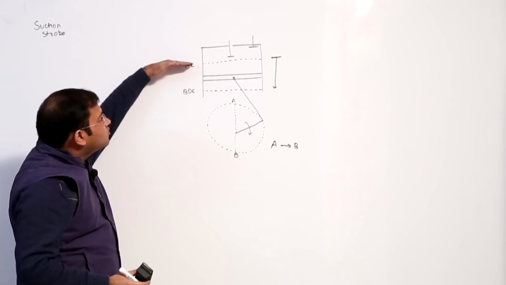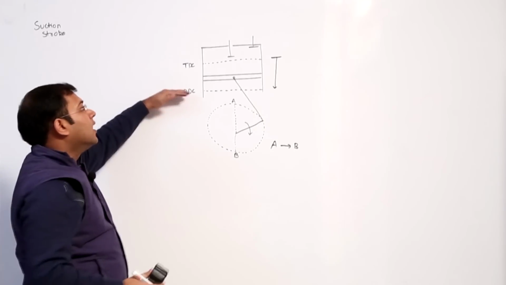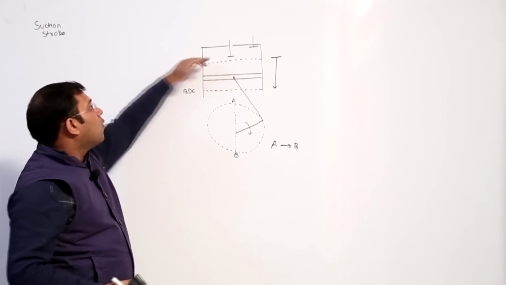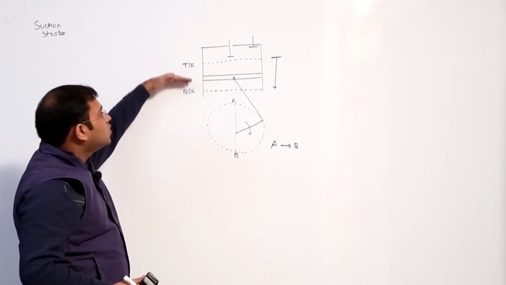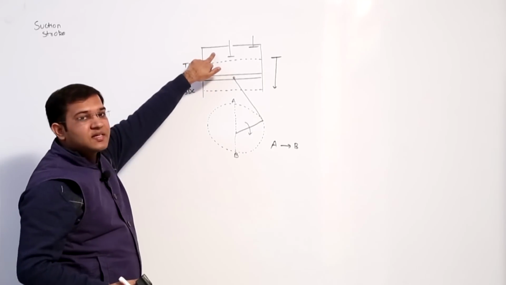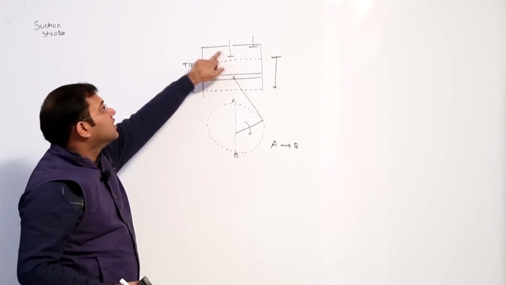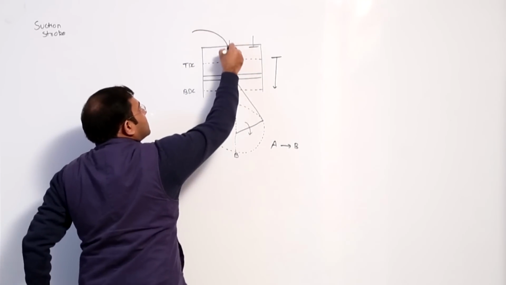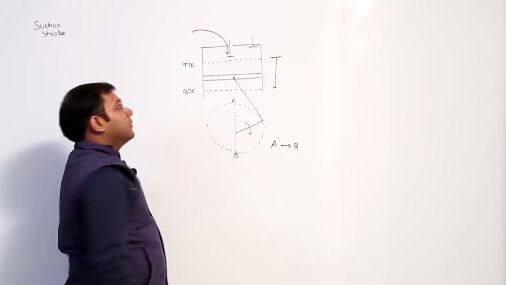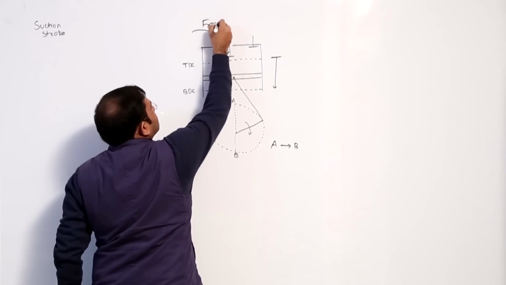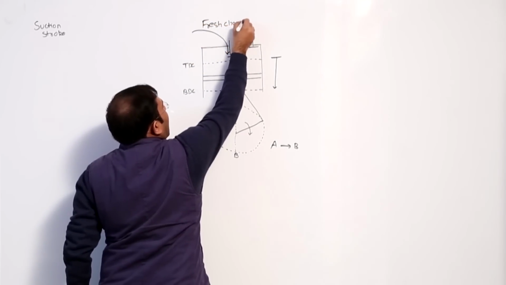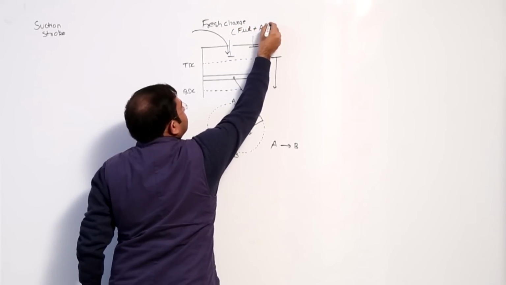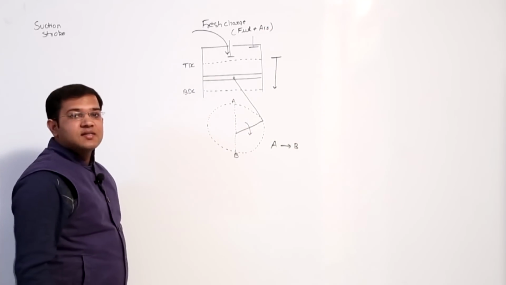And when this piston moves from top dead center to bottom dead center, a low pressure region is created in the combustion chamber, due to which this inlet valve opens. And when this inlet valve opens, a fresh charge comes inside the combustion chamber. Here it is the fresh charge. And fresh charge constitutes fuel plus air, and this is referred to as suction stroke.